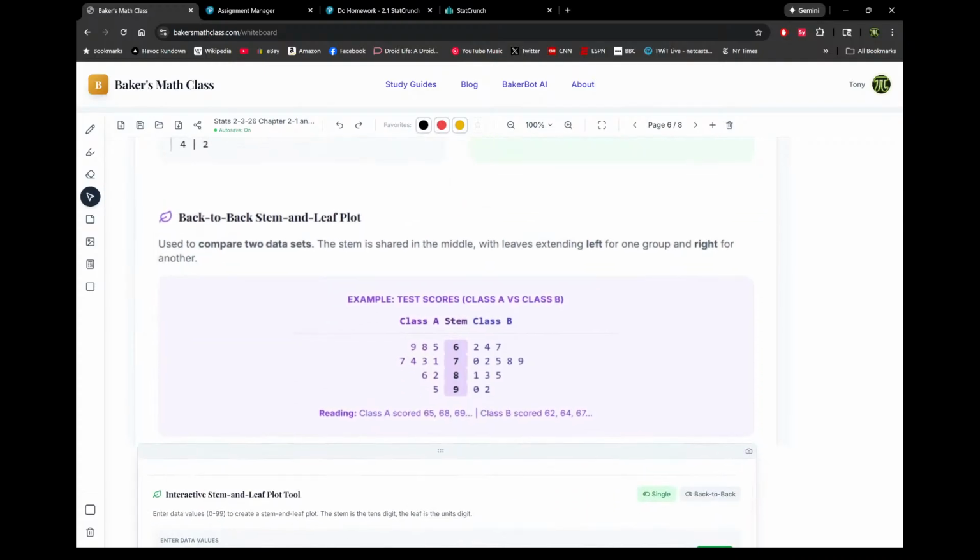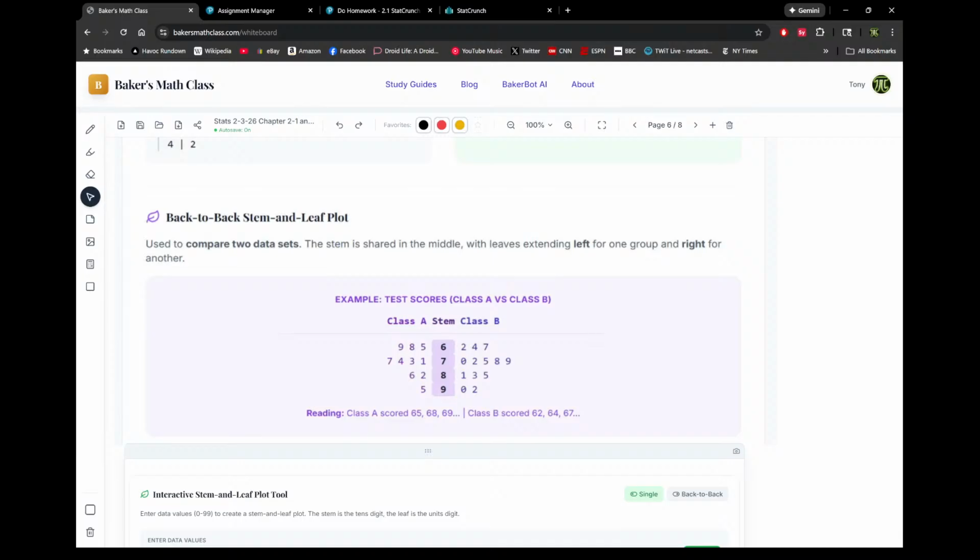You also can have what's known as back-to-back stem and leaf plots. So if we wanted to compare two sets of data, so say I take my 4 o'clock class or my 7 o'clock class and I want to compare your test scores, I could create a stem and leaf plot with both of your classes up. In the middle, it's still your tens. So in this case, the lowest grade in this class was a 60, in the 60s, my highest was in the 90s. So this is class B, so 62, 64, 67. Class A was 65, 68, 69.